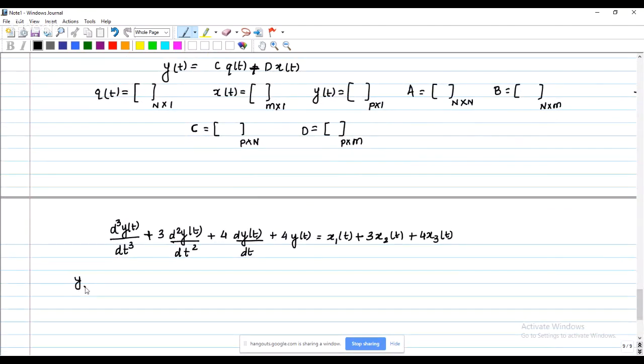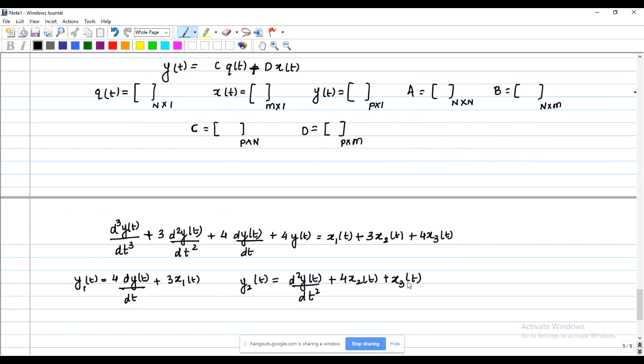And the outputs that we get is y1 of t. Now we have multiple outputs. y1 of t is equal to 4 dy of t by dt plus 3 x1 of t, and y2 of t is equal to d square y of t by dt square plus 4 x2 of t plus x3 of t.